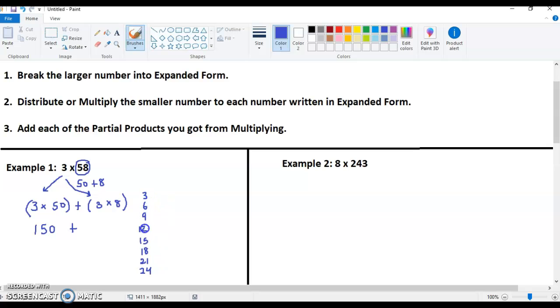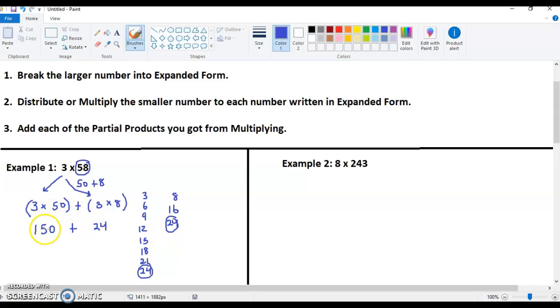That's 1, 2, 3, 4, 5, 6, 7, 8. The number 3 eight times is going to be 24. Now let me show you the other way too. You can go commutative, 8 times 3, the number 8 three times, and you'll see that we still get 24.